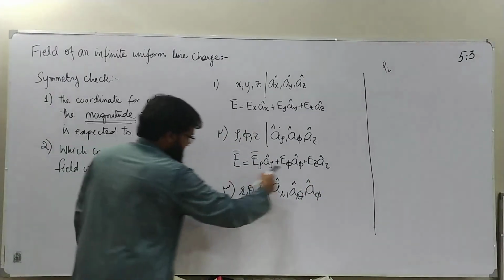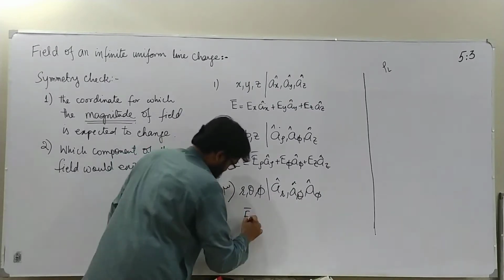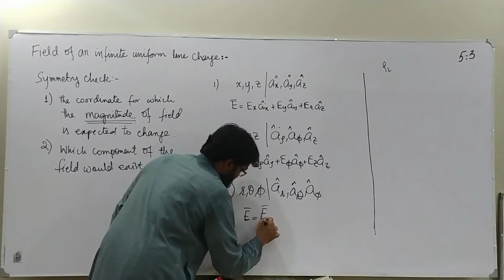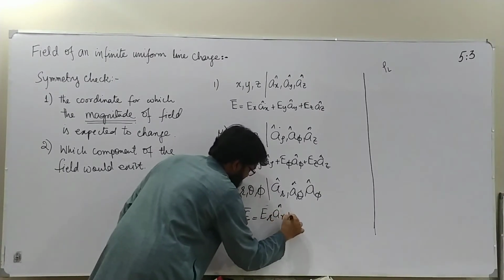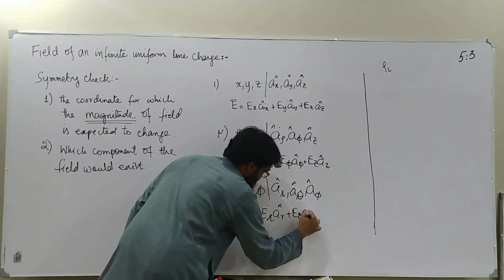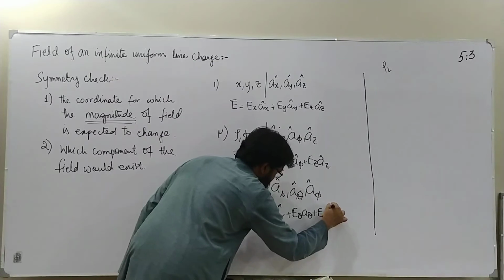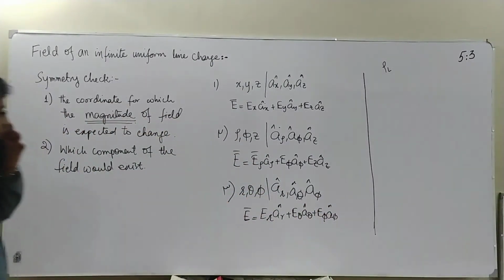And if we choose to represent the field in this coordinate system, then we should have some r component, some theta component and some phi component. That's it.